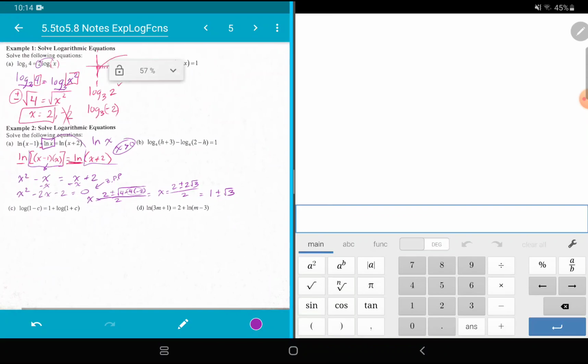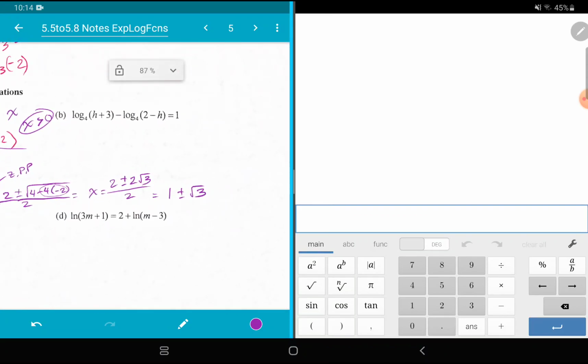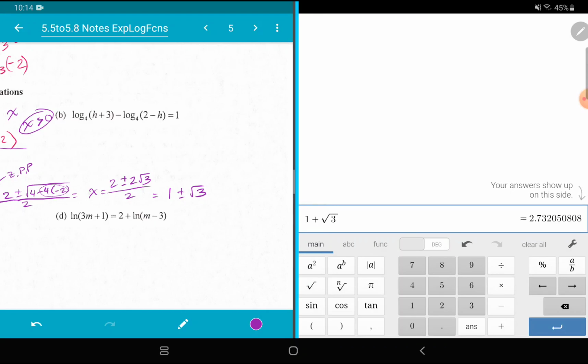So let's give it a try. 1 plus square root of 3 is definitely going to be positive, right? That's 2.73. But what if I wanted 1 minus? Uh-oh, that's a negative value. So we don't want the negative sign. Instead, we should only have the answer of 1 plus root 3.